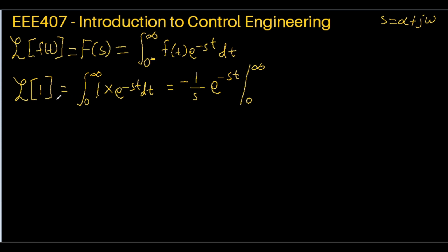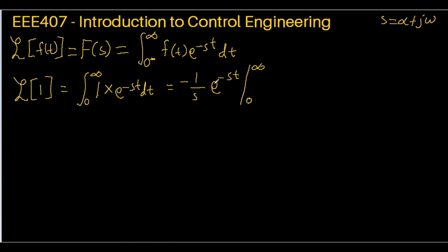Now I should mention that when we're finding a Laplace transform, generally we always assume that the function has 0 initial conditions, or its value is 0 for time t less than 0. It's just good to bear that in mind.